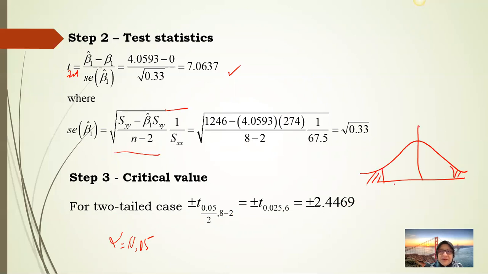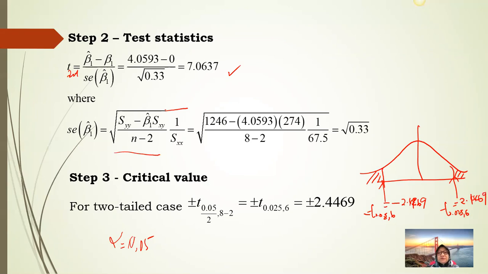The critical value negative t 0.025, 6 is negative 2.4469, whereas t 0.025, 6 is equal to 2.4469.